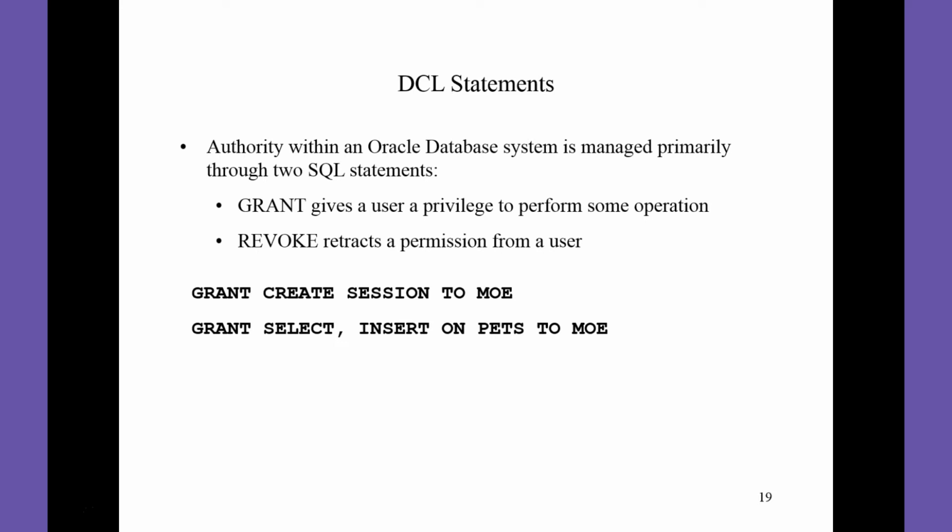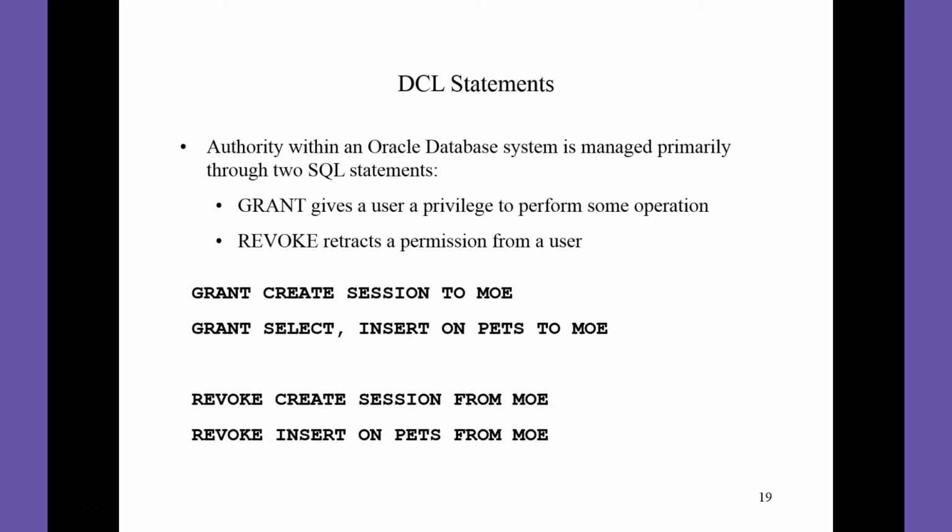We accomplish this with a revoke statement. We could revoke create session, and that would remove the ability for Mo to connect to the database at all. Alternatively, we could be more selective and revoke only certain object type of privileges. So I could revoke the insert privilege on the pets table from Mo. Had I given him previously select and insert, he would retain the select and still be able to retrieve data from that table.